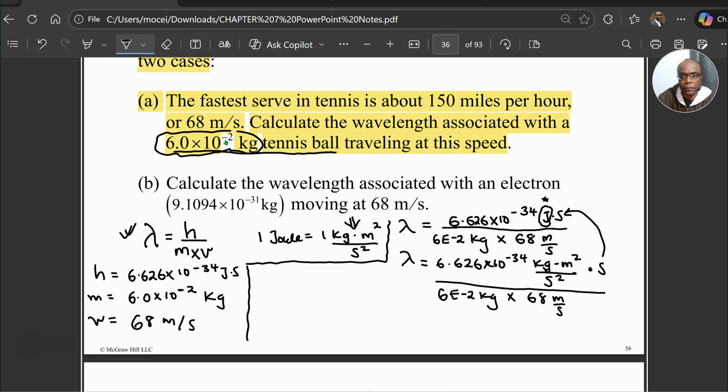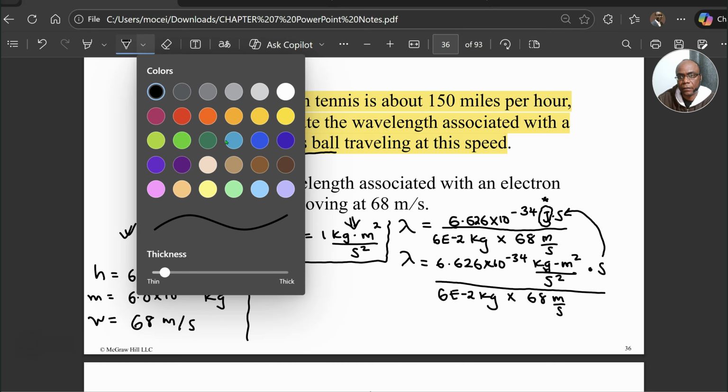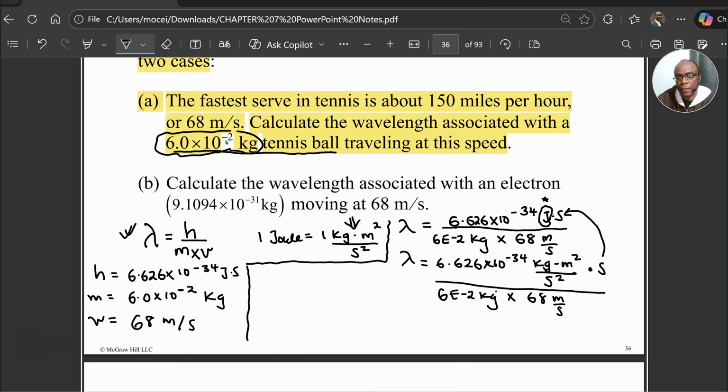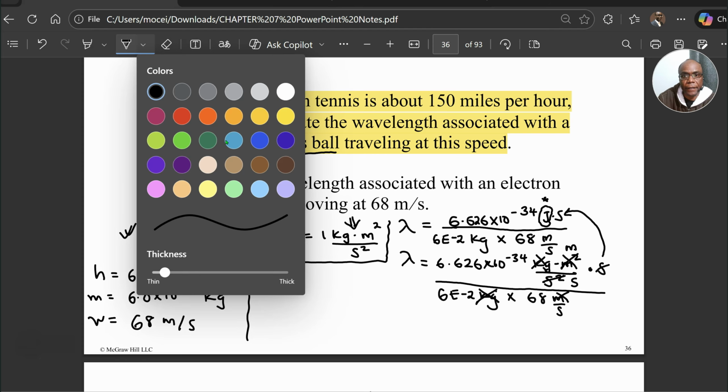Okay, so now what I have here and what I can already see is that my kilogram and my kilogram will cancel out. This meter will cancel out with one of the meter squared, so I'm left with an M. And then this S will cancel out with one of the S squared, you're left with an S. Okay?